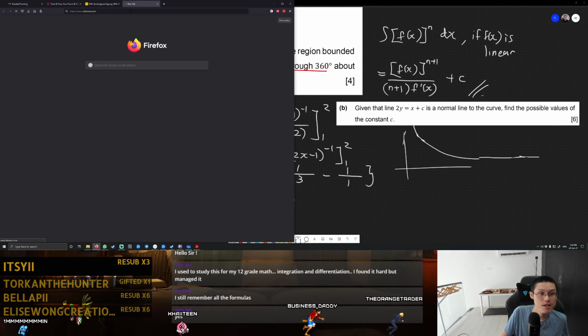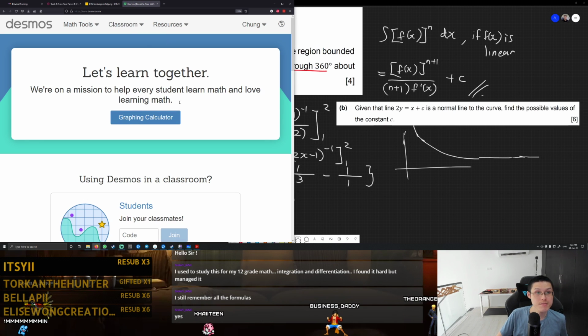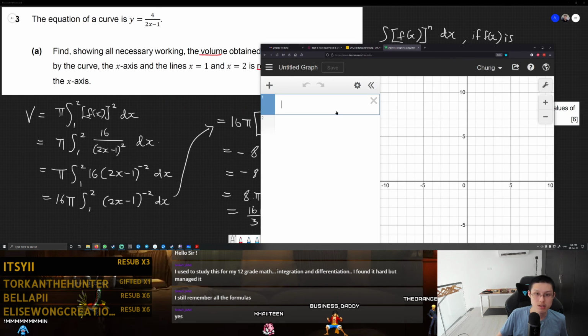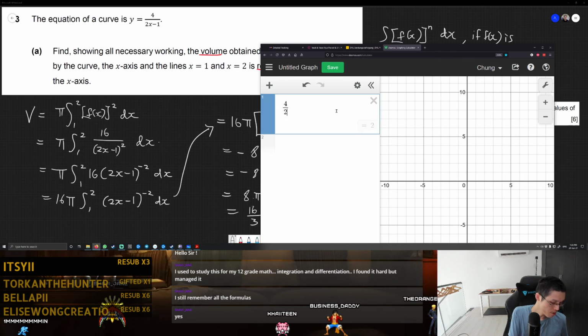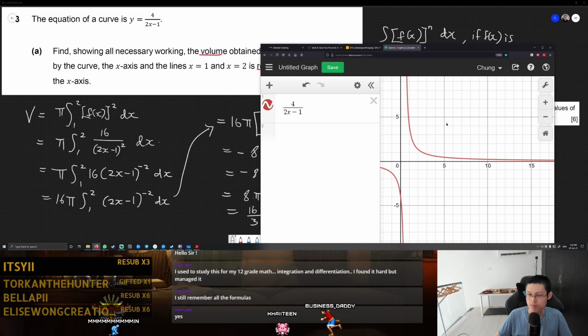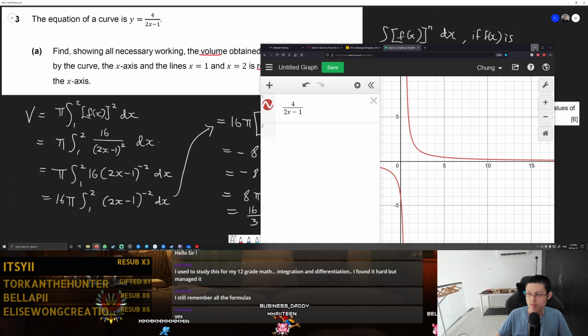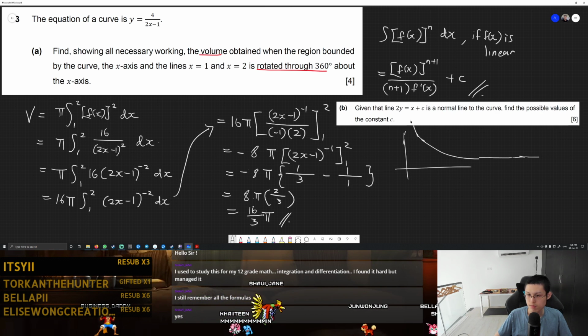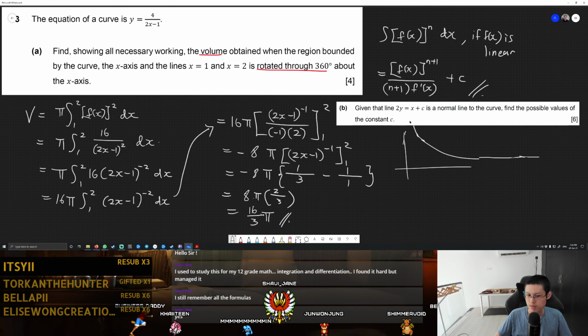Let me just double check. So the curve is 4/(2x minus 1). Yeah, it looks like this. Strange. Given that the line is a normal line to the curve, find the possible values of the constant c. A normal line to the curve.